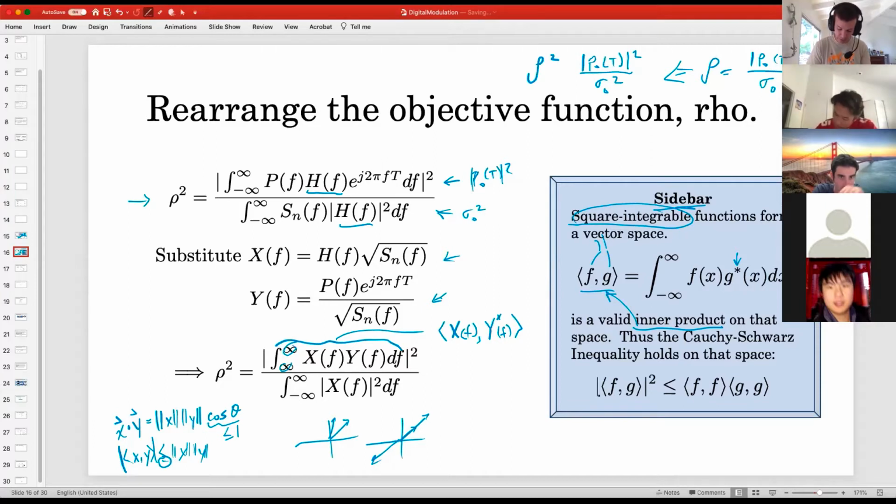I hope you can now see that the numerator and this are one and the same. This is why I'm going to use Cauchy-Schwarz on the numerator here. I think we can go to the next slide unless there are any questions here.